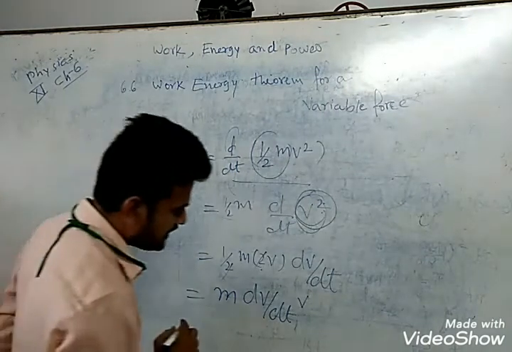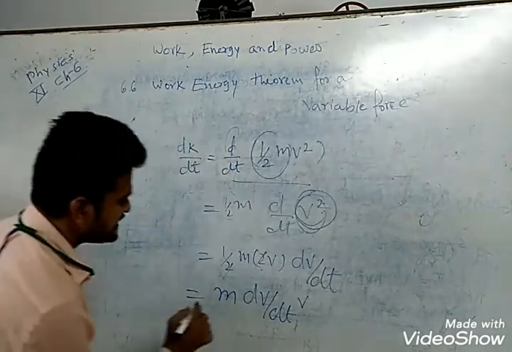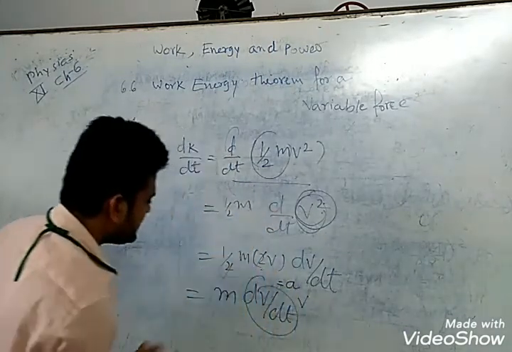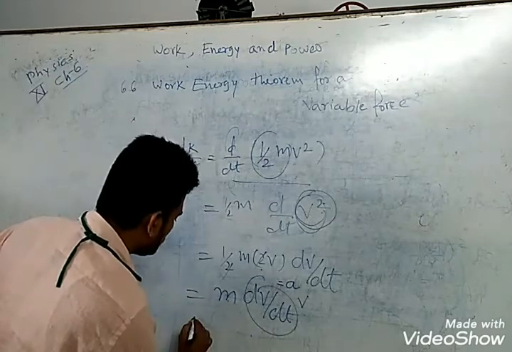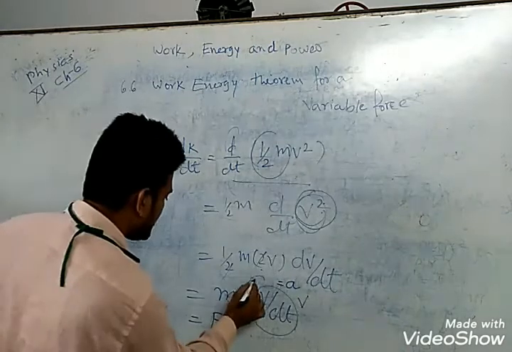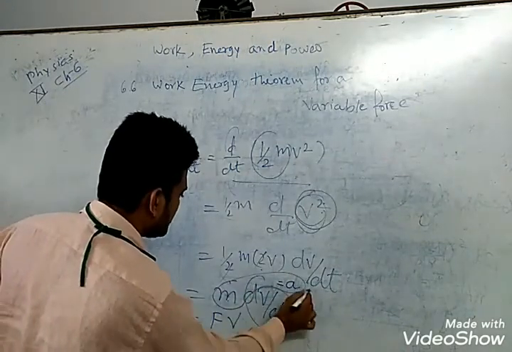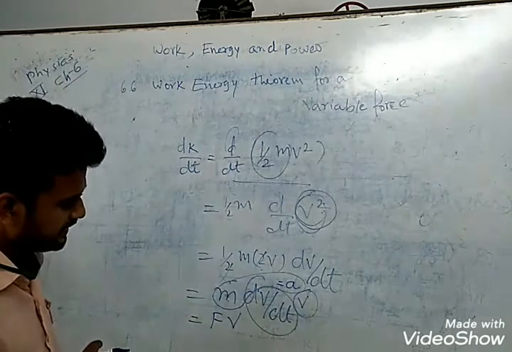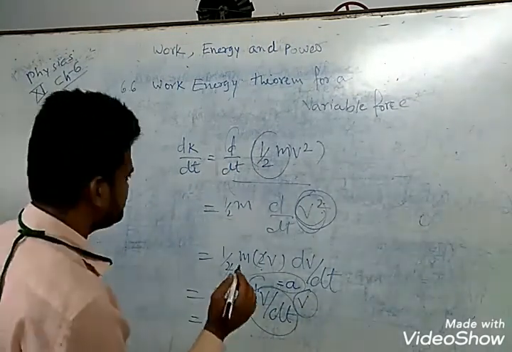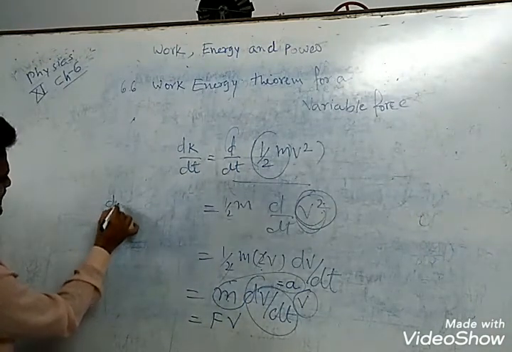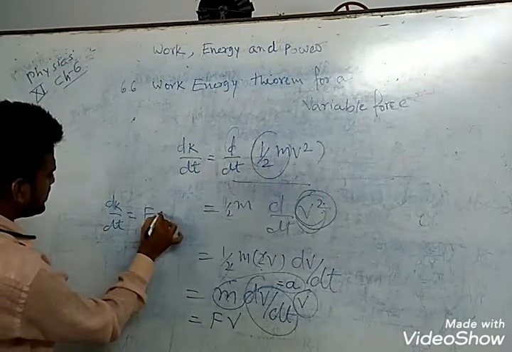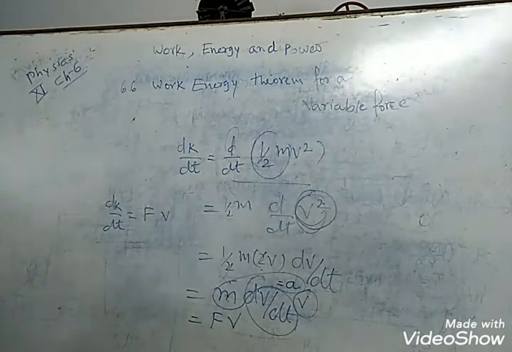Now from Newton's second law, we know that ma is equal to F, and dv by dt is a, so m into dv by dt is F, and this one is v, so F into v. So dK by dt is equal to F into v.